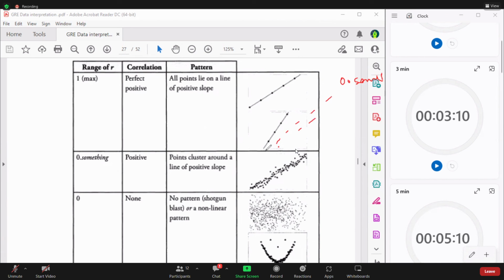That means from bottom left to top right it is being plotted, but the points are scattered in different ways. And when it is -0 point something, the scatter plot will be from left top to right bottom.